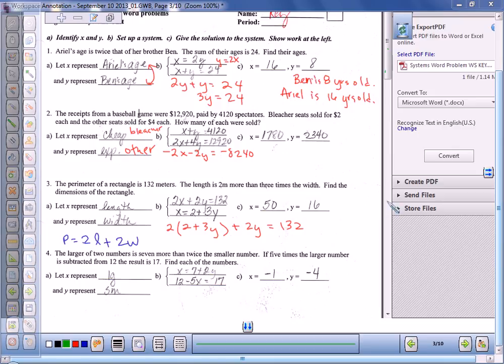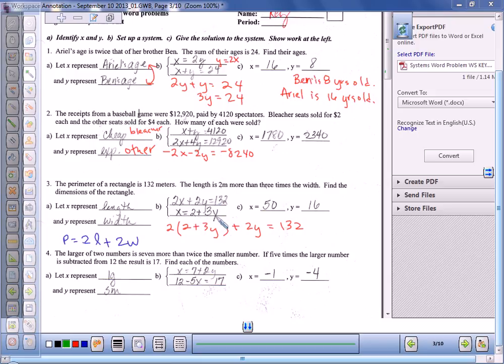Okay, this one talks about perimeter. Well, we know perimeter is 2 times the length plus 2 times the width. So if I let x represent length and y represent width, then 2x plus 2y equals the 132, which is what they tell us the perimeter is. And then the length is 2 more than 3 times the width, so x equals 2 plus 3 times the width, 3y.